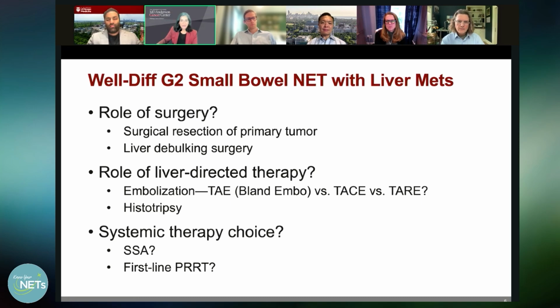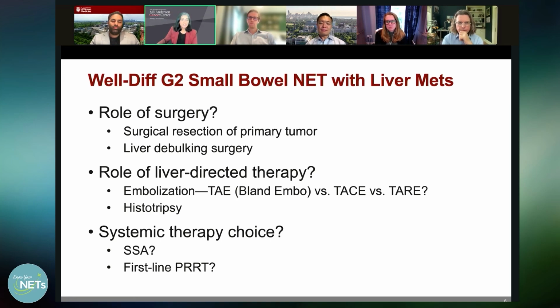I think the question of first-line PRRT is interesting. I can see the patient has a Ki-67 of 10%, which is kind of the cutoff for the NETTER-2 trial, which looked at upfront PRRT as an option. These are patients within 6 months of diagnosis, and she probably meets the criteria. Personally, though, without a clear benefit on overall survival with upfront PRRT, I have not adopted it for all patients upfront.